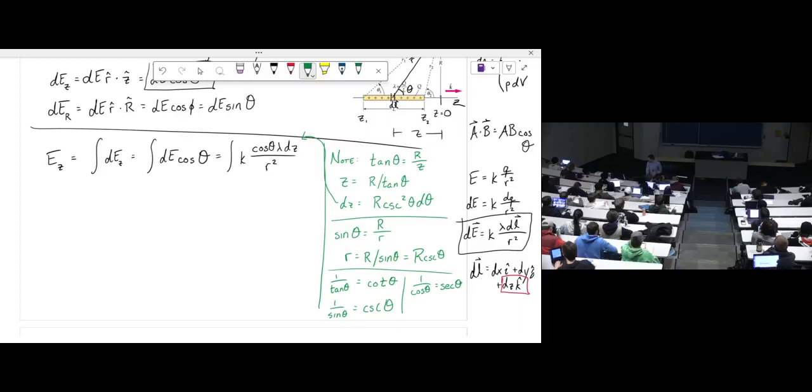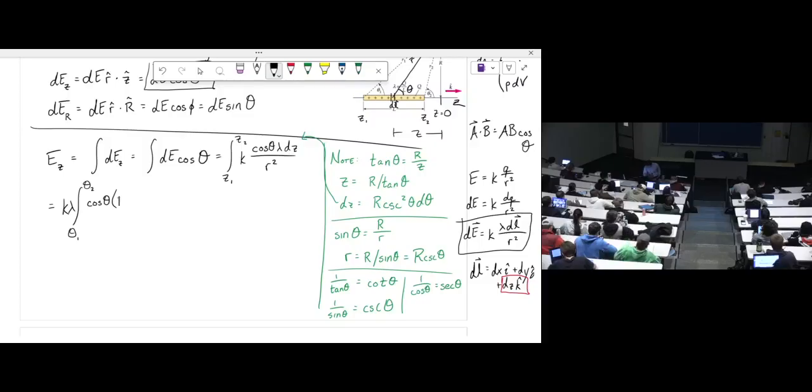Now, the reason I do this is because I make this substitution, and k is a constant, so I'm going to pull that out of my integral. This was an integral from z1 to z2 previously, but now we're integrating from theta 1 to theta 2 of the cosine of theta times lambda. Let's pull that out as well since it's a constant. Times dz.